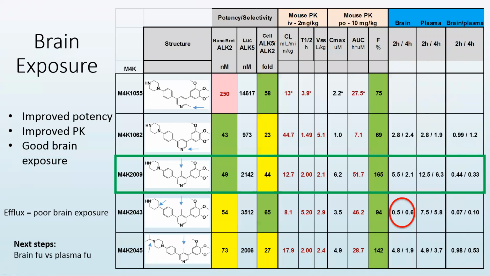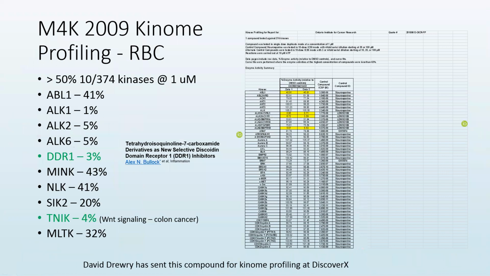further profile the compound against a variety of kinases. So I'll just re-show the data so that everyone's on the same page for the rest of the meeting in terms of getting into the discussion. So we did profile M4K 2009 at RBC against 374 kinases at 1 micromolar, and we only hit 10 of those at greater than 50% inhibition.